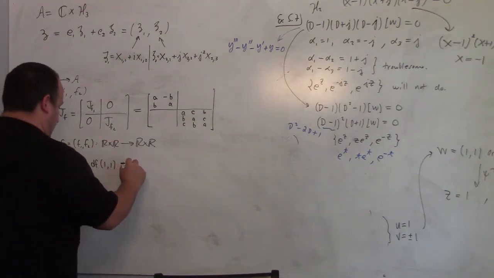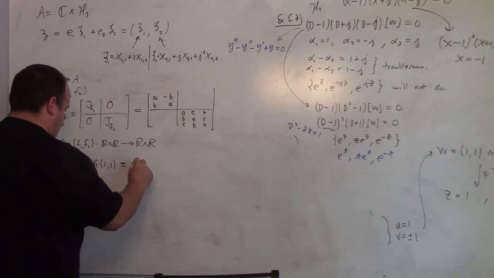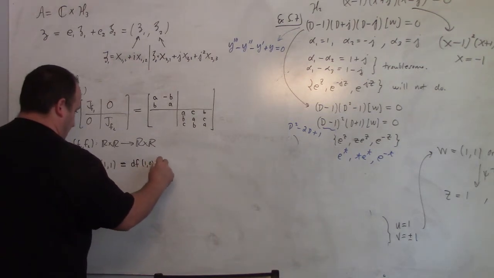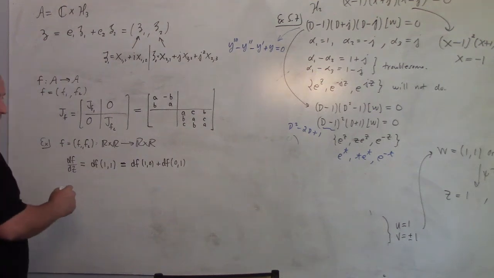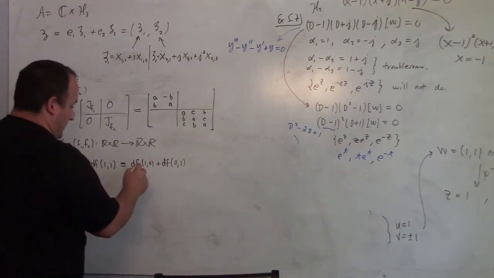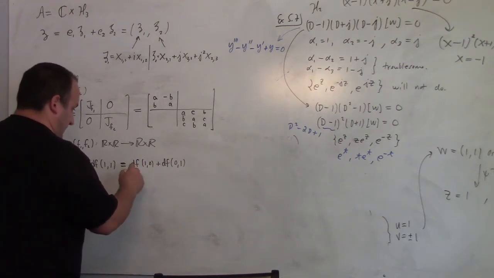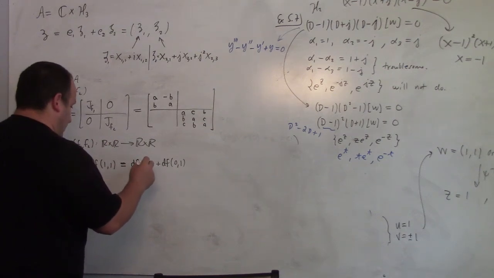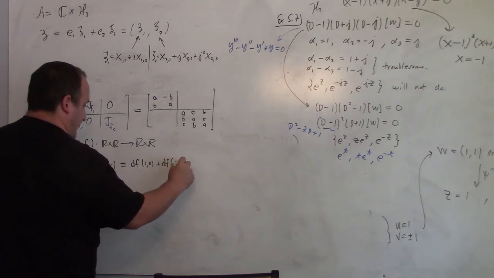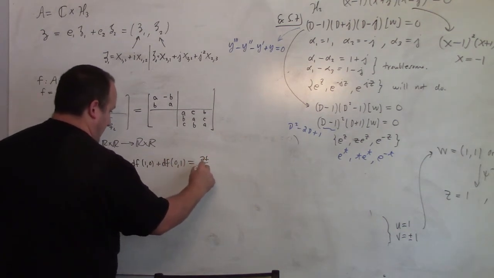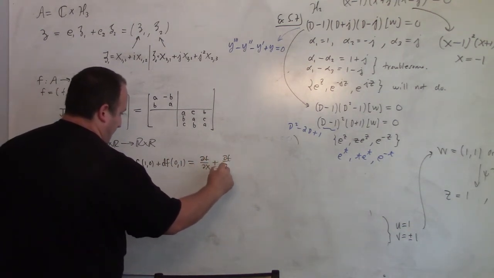Which, well, you could look at this as df acting on (1, 0) plus df acting on (0, 1). So this is partial f partial x plus partial f partial y.